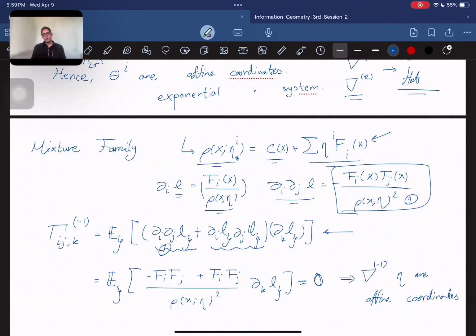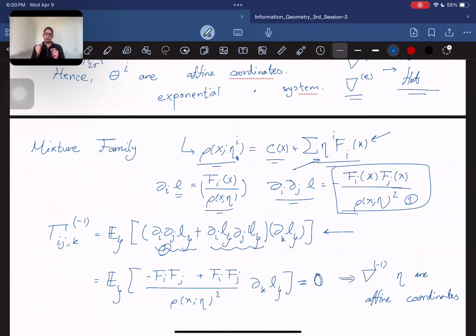You have different distributions, and you want to consider all distributions over the mixture of these distributions. The very straightforward coordinate system you would go with is just the summation with different parameters. And we already showed that this thing in information geometry has zero curvature.